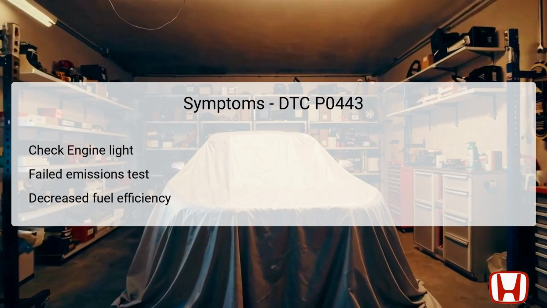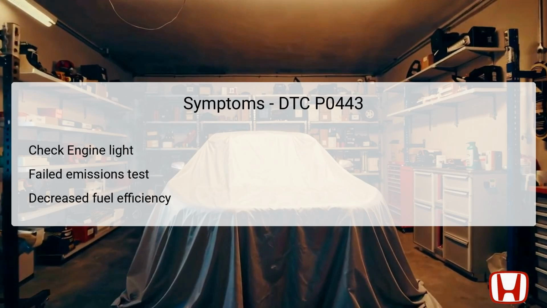When DTC P0443 is triggered, there are several symptoms a driver may experience. One of the most common indicators is the illumination of the check engine light on the dashboard. This warning signifies that the vehicle's onboard diagnostic system has detected an issue that needs attention.